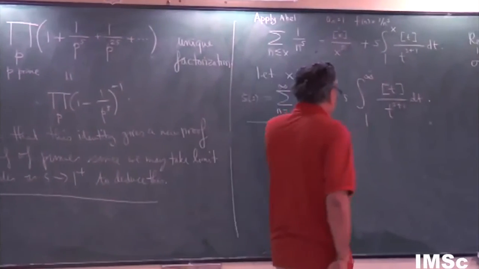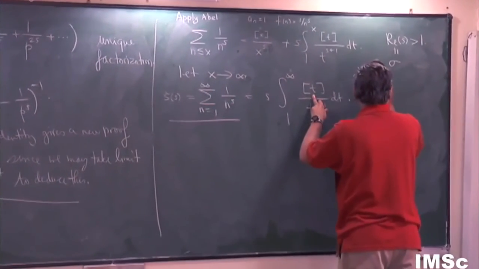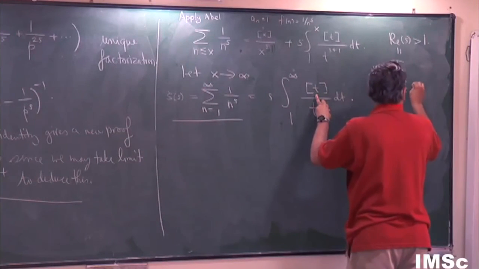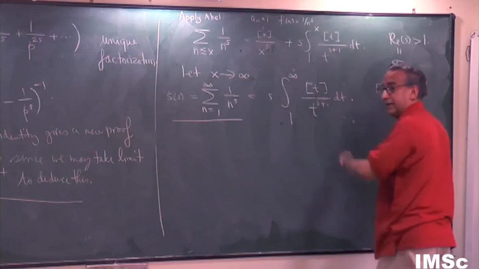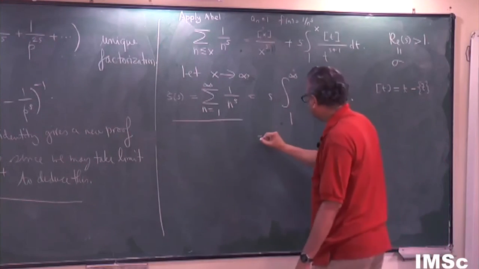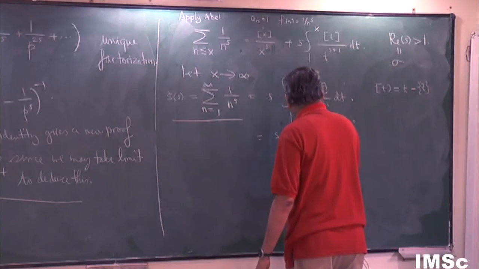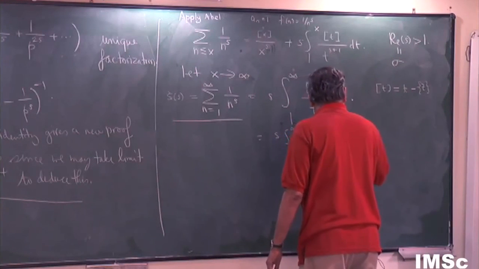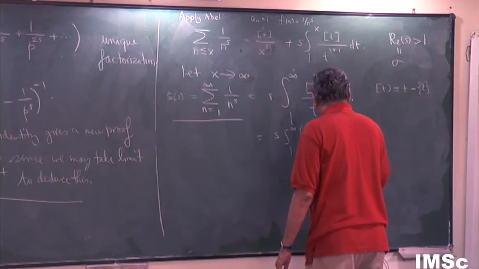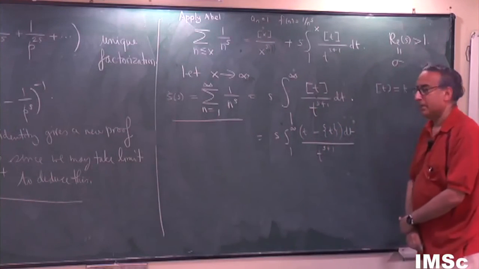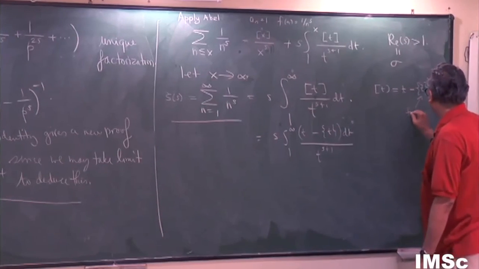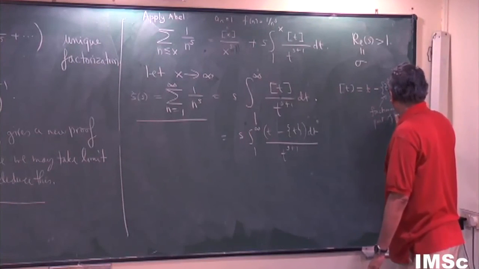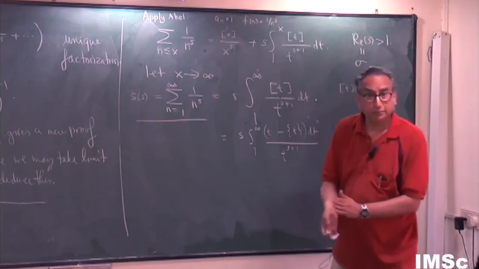And now we can do this trick of taking this and then saying that this is essentially t minus the fractional part, right? This is what we agreed on. This is the fractional part, namely, the part that's between 0 and 1.